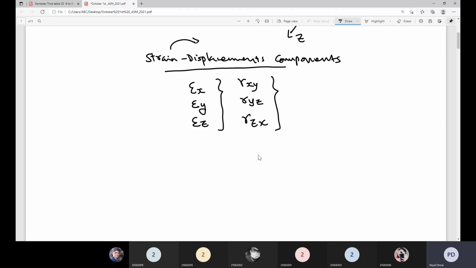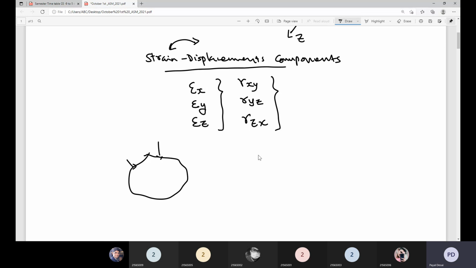Now what are strain displacement relations? See, any solid body, when you are applying force. Now in civil engineering, structural engineering, we have our solid body which is constrained. Constrained in the sense, if you apply load, the body is under equilibrium.